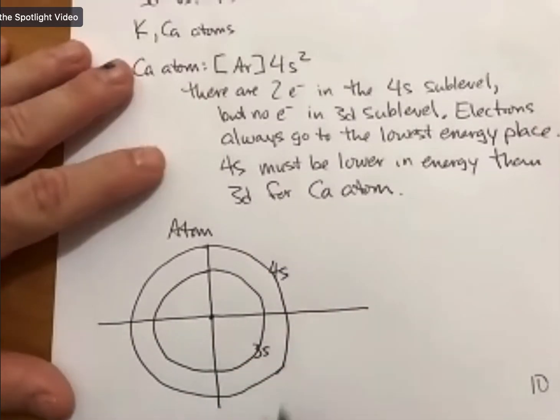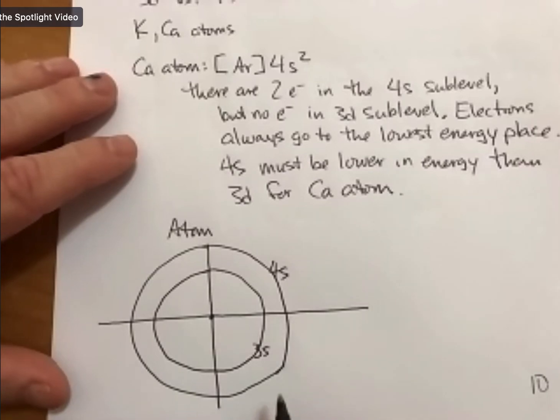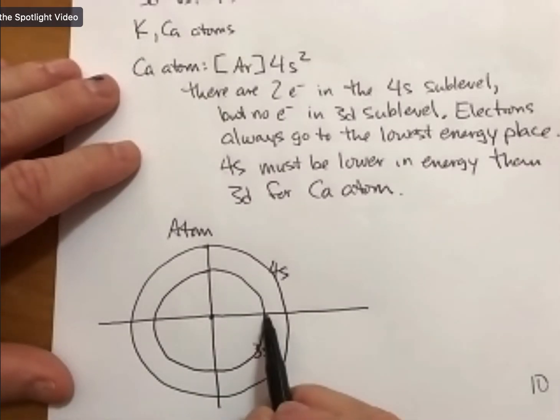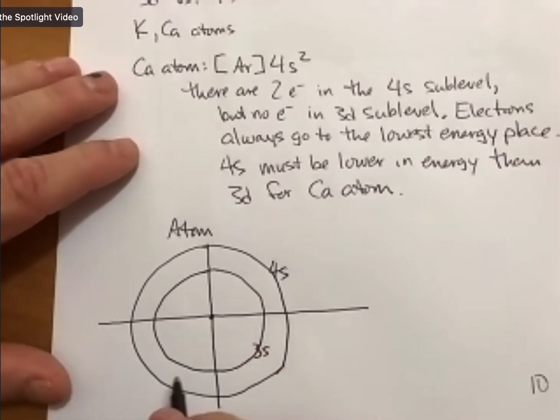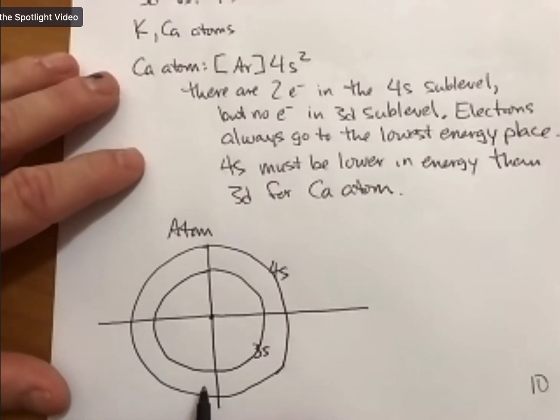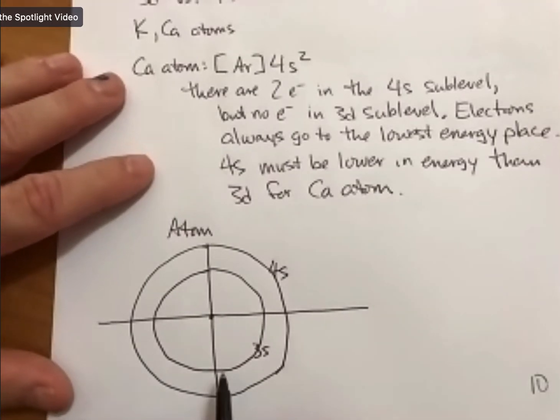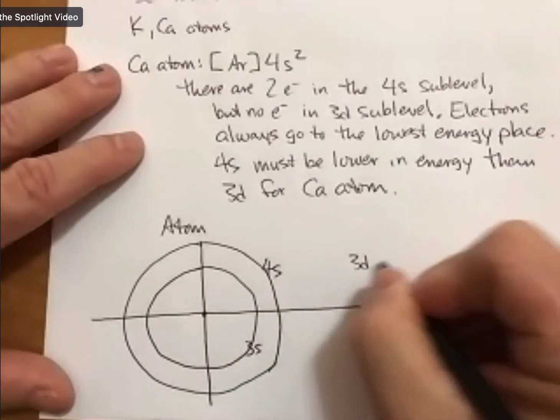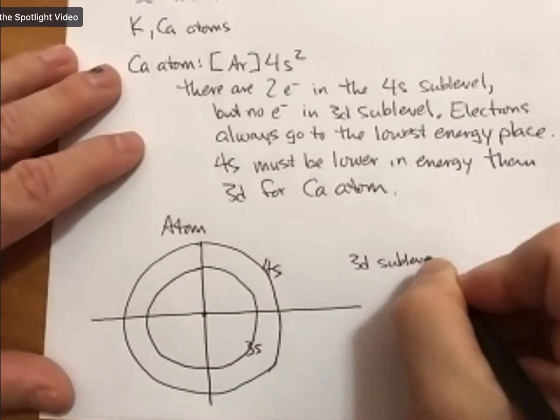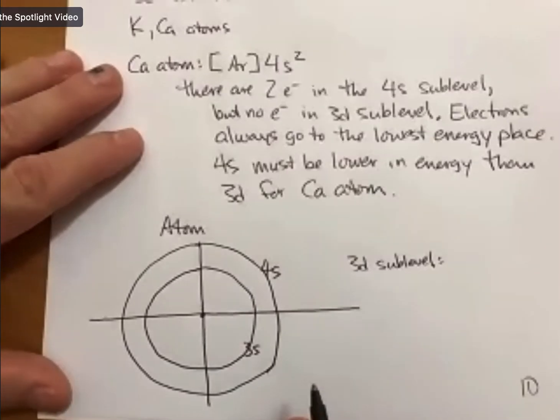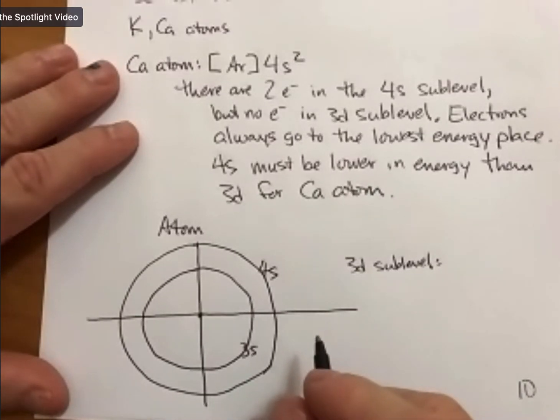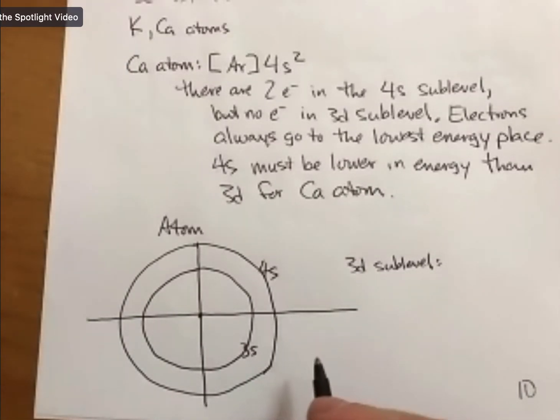Really, when we draw the n equals 3 level, it's 3s that we're drawing, because 3p and 3d fit inside of it. Now, when you do a 3d sublevel, there are already electrons in the 3s and the 3p sublevels.